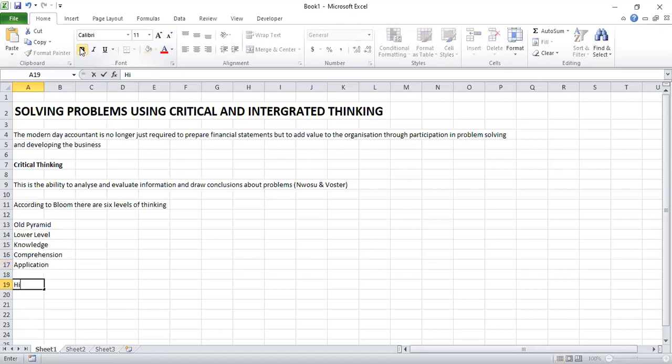Then the higher level: analysis, synthesis, and evaluation.